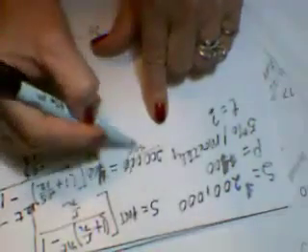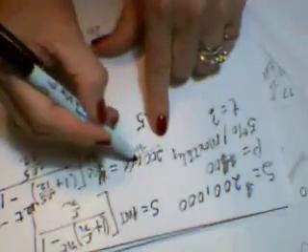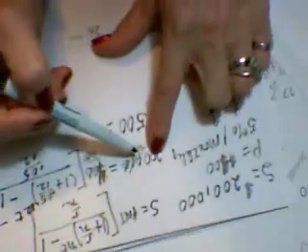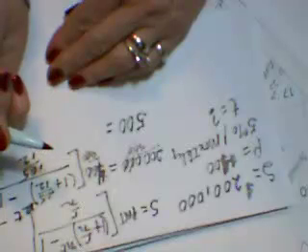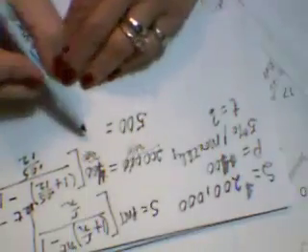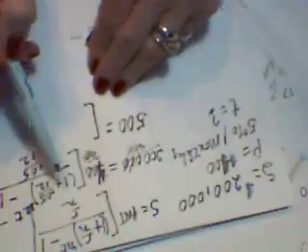So I can mark off, and 4 into 20 is 5 with 2 zeros. So that's going to give me 500. Now I'll go to work on solving this problem.